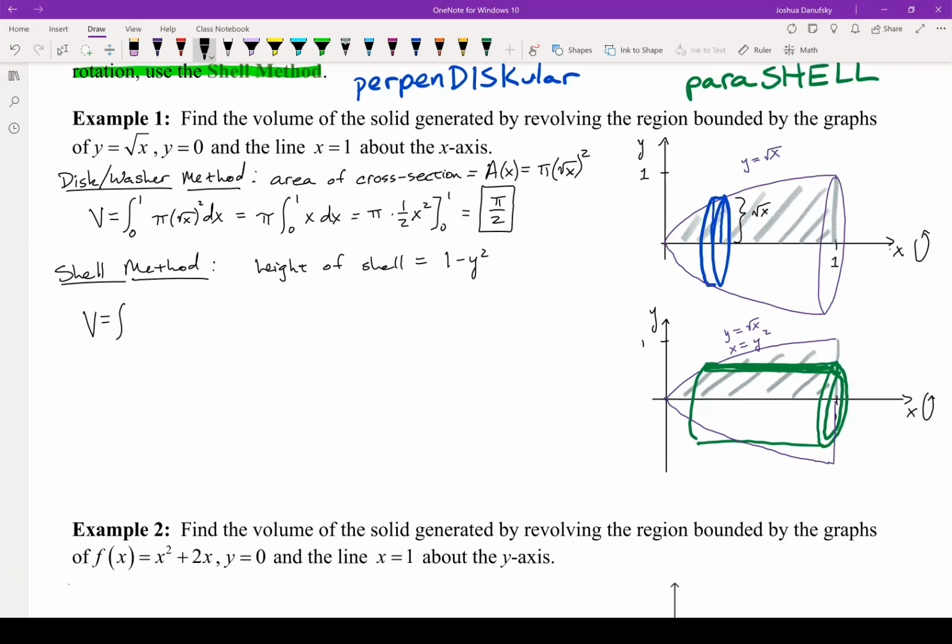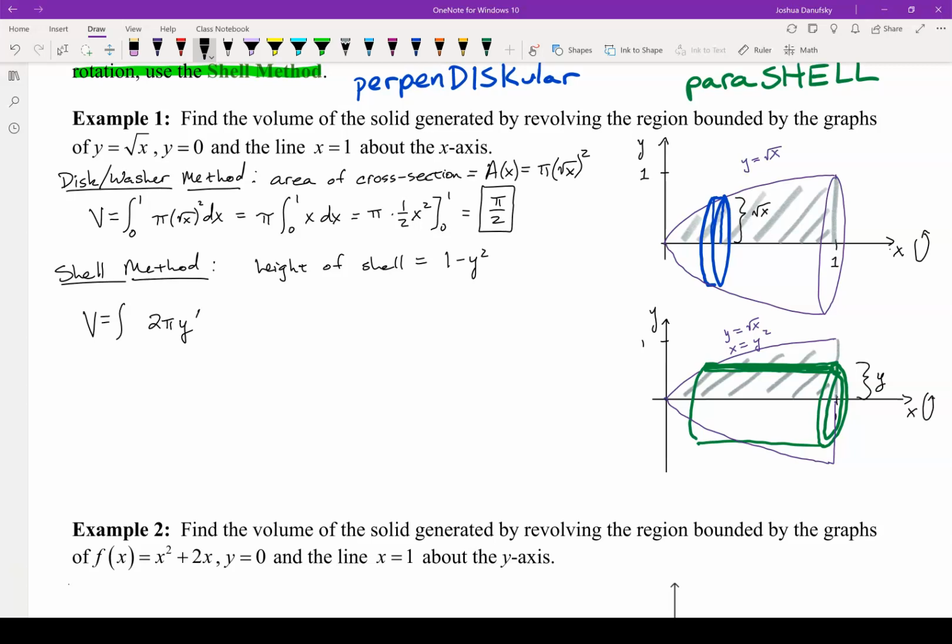If you recall, when doing the shell method, we take the circumference times the height of the shell times the thickness of the shell. So in this case, our circumference is going to be 2 pi times the radius. In this case, the radius is y.